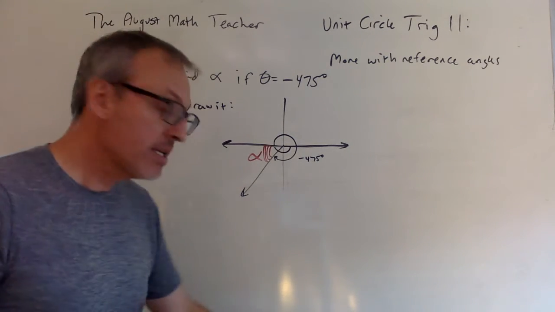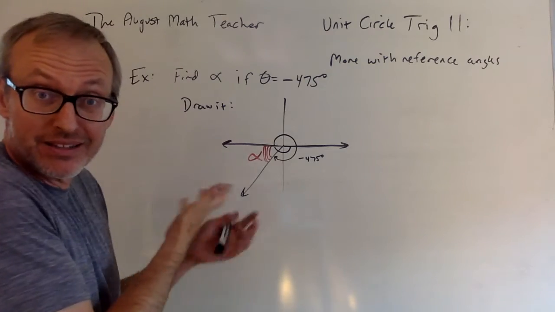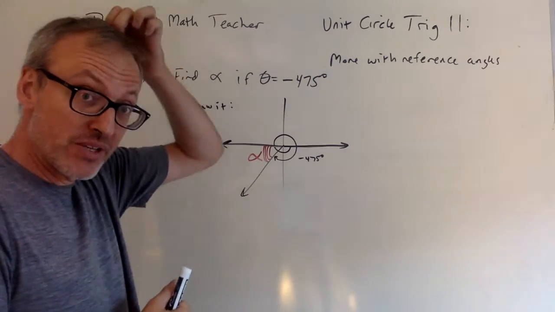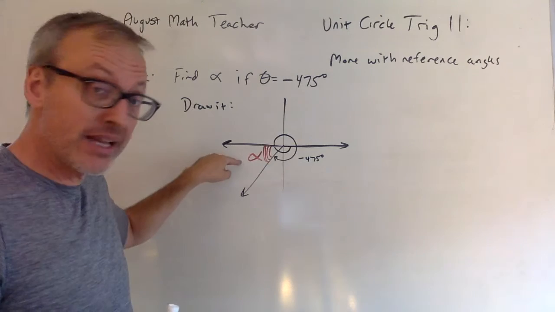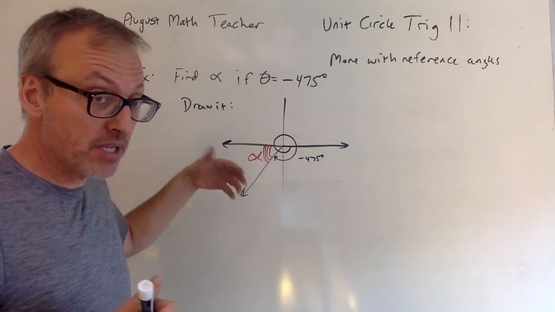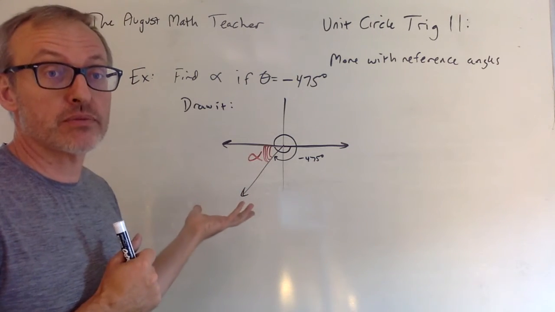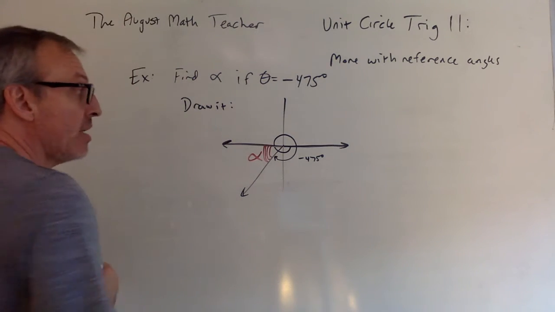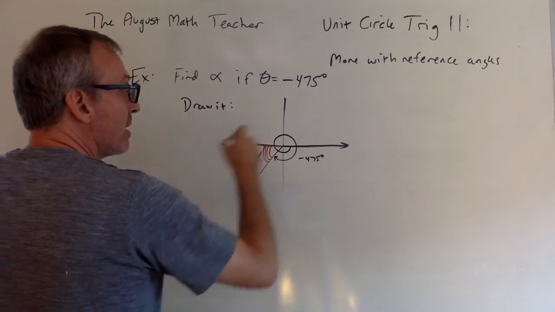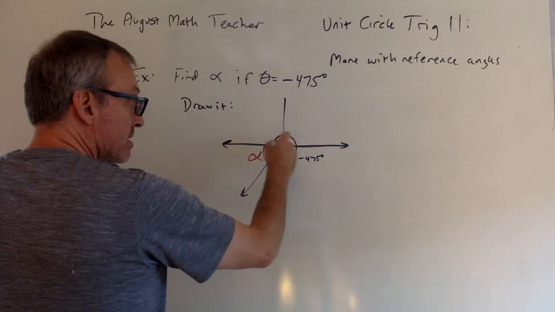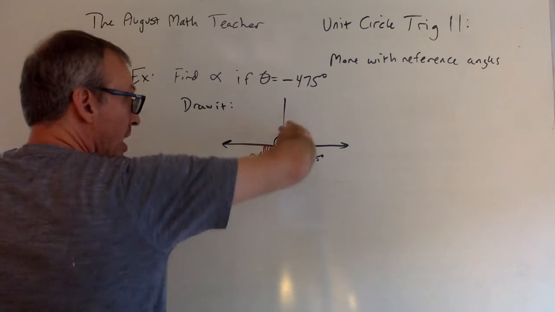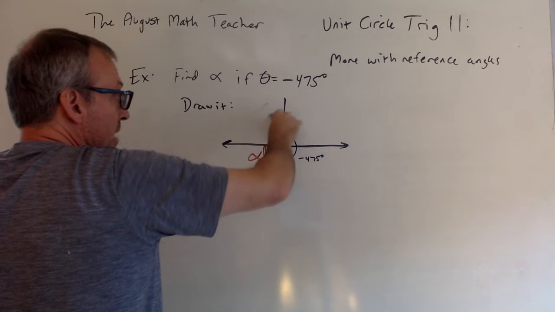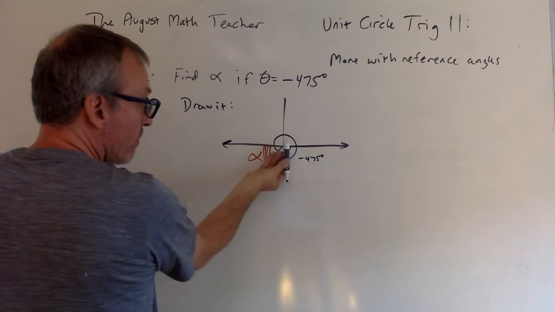The third one is to use geometry and your knowledge of how these numbers work to figure out what that angle is. Now this is going to be something you're going to have to work out for yourself. There isn't one way to do this. There's a bunch of ways to do this. My way right now is going to be to think about how I calculated this rotation by going negative 90, 180, 270, 360, 450.